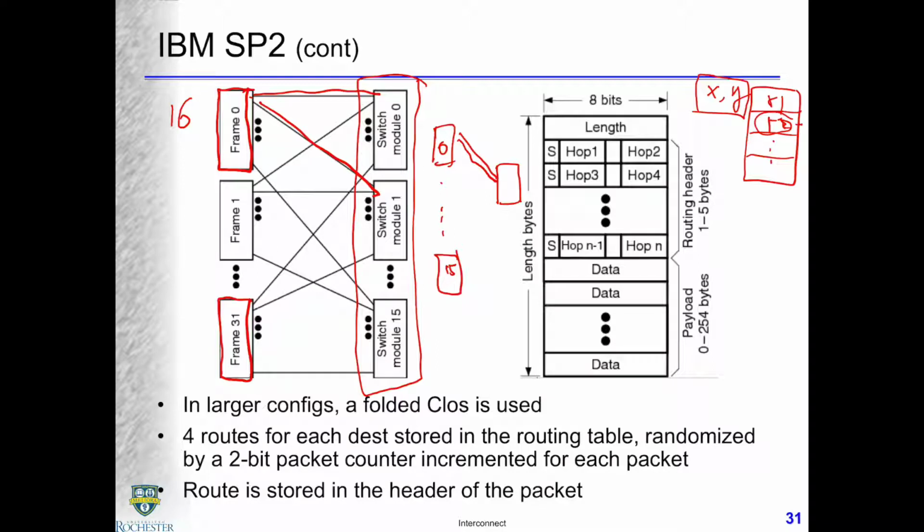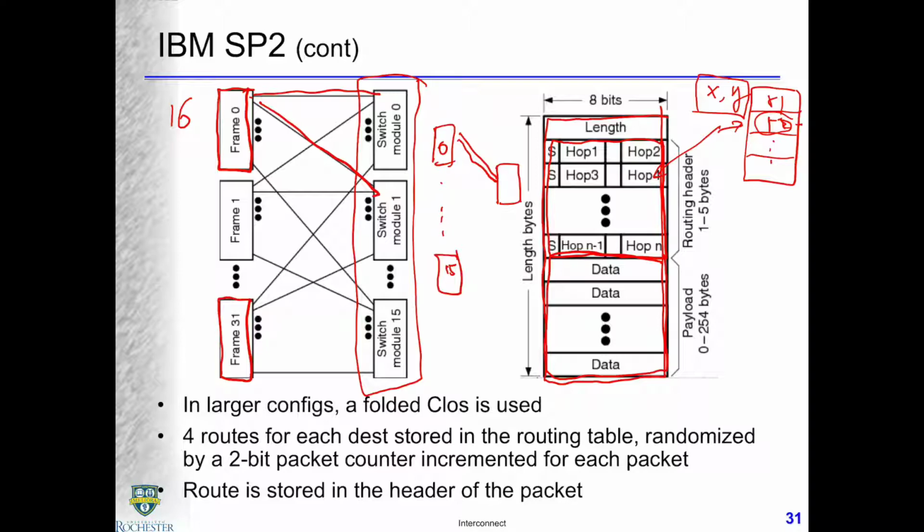The route is stored in the header of the packet. That's right here. This is my packet. It will have payload down there, the data, and it will store a couple of steps or routes of what we should do. Once we take this route, we'll put it in the packet, and when we send it on its way, we will know what to do for the next couple of stages.